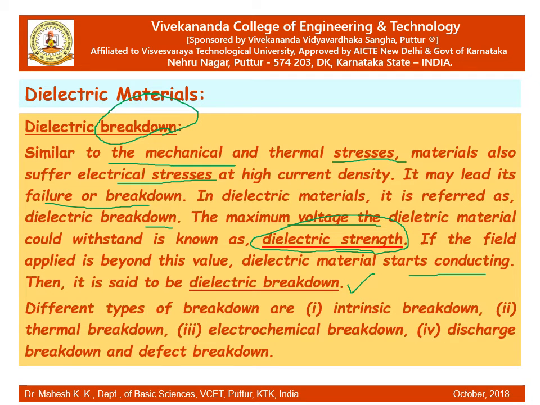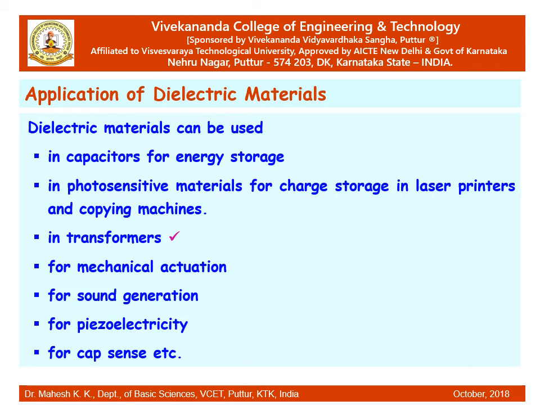The different types of breakdown are: first, intrinsic breakdown; second, thermal breakdown; third, electrochemical breakdown; fourth, discharge breakdown; and fifth, defect breakdown. Now, applications of dielectric materials, which are of course insulating materials. They are used in capacitors, as we know already, for energy storage.